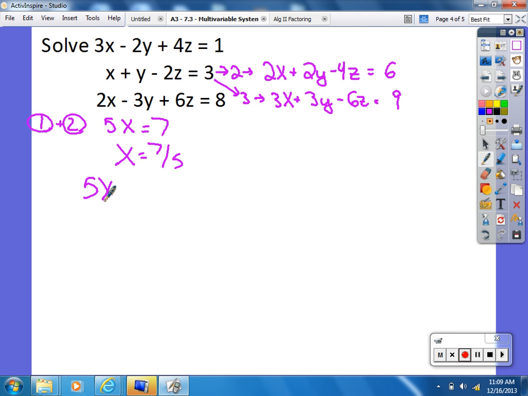What happened to my y? Z's? 8 plus 9. So here I get x equals 17 over 5. The x's are different. So what's that mean? It means no solution.